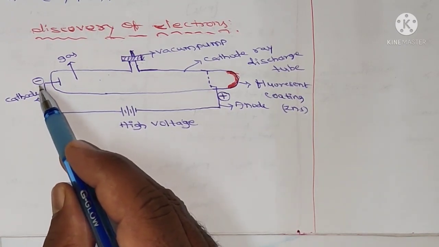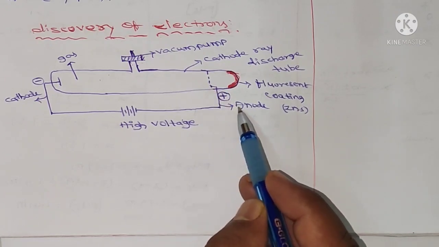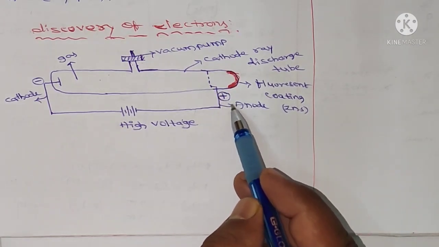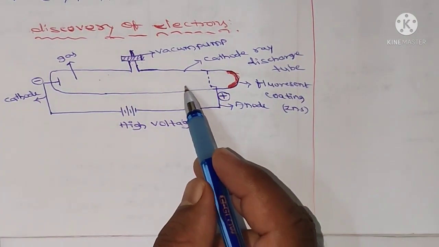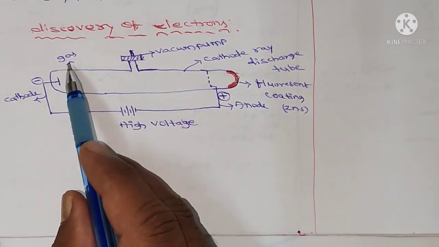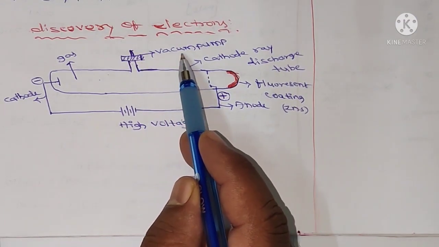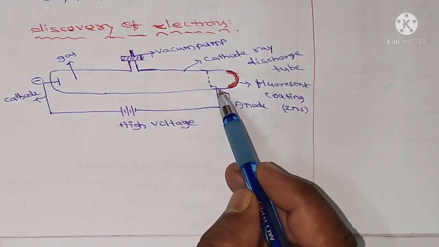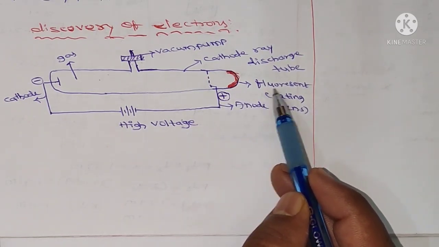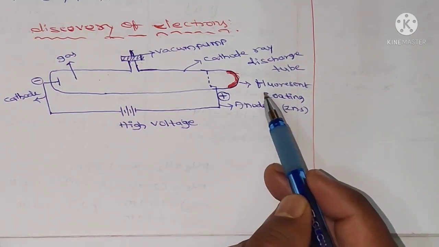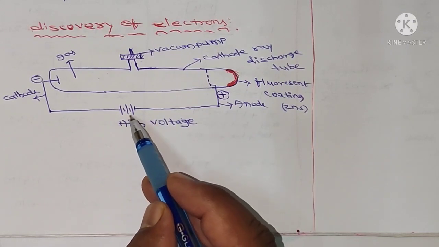On this side we have the anode electrode, which is a positive electrode. In this tube we have gas particles, and we also have a vacuum pump. On the anode side we have a fluorescent coating made of zinc sulfide, and here we apply high voltage.